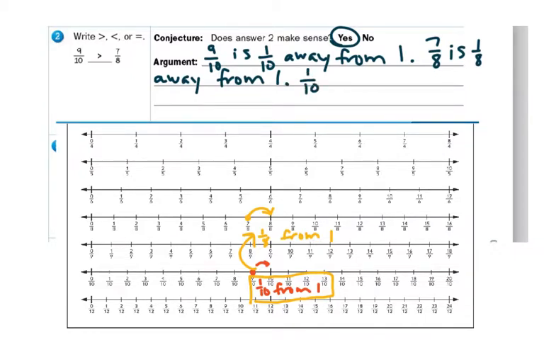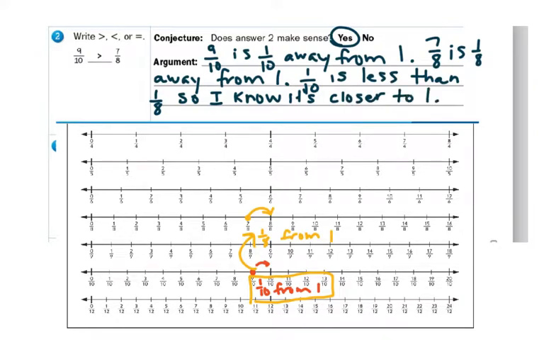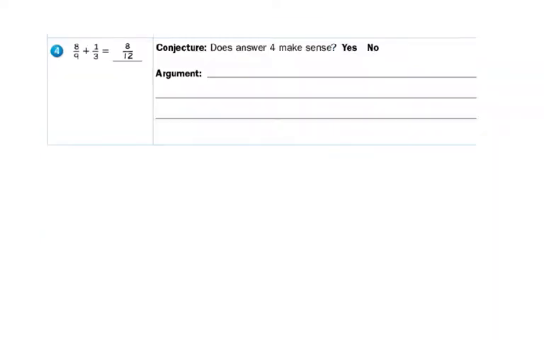And 1/10 is less than 1/8. So I know it's closer to 1. Again, pause the video if you need more time to write.